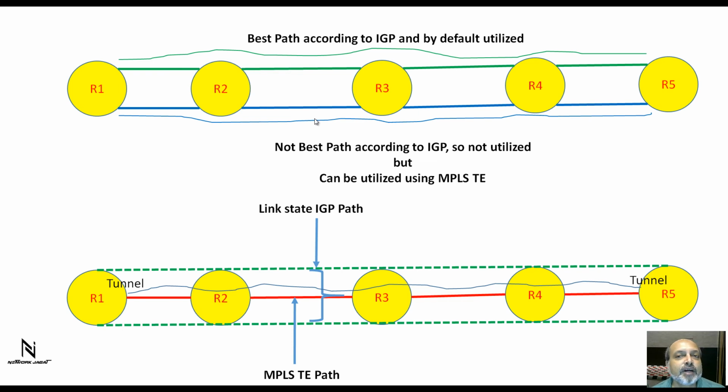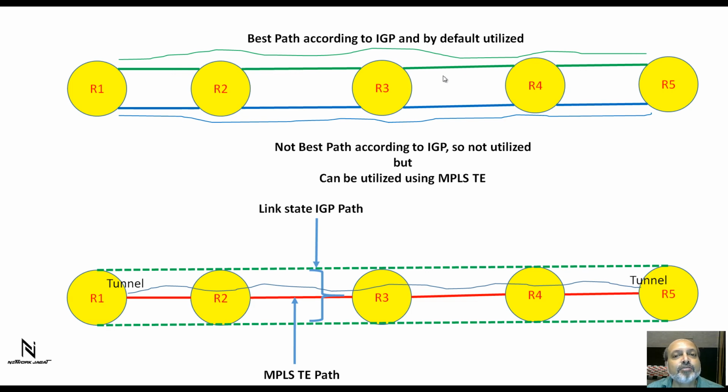If we have specified some manual cost for the MPLS TE path using autoroute, then it's a separate story. But if we are not doing that, the MPLS TE path has the same cost as the IGP least cost path. So in that case, both these paths will do equal cost load sharing.